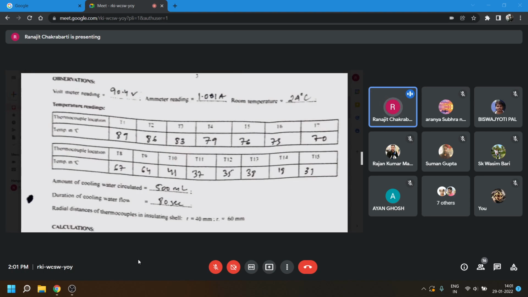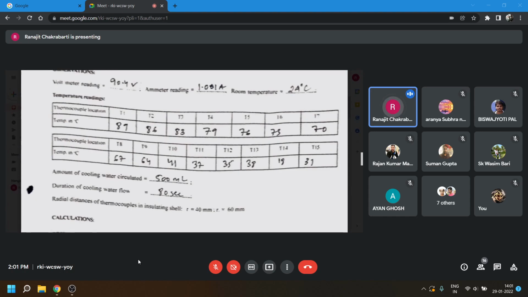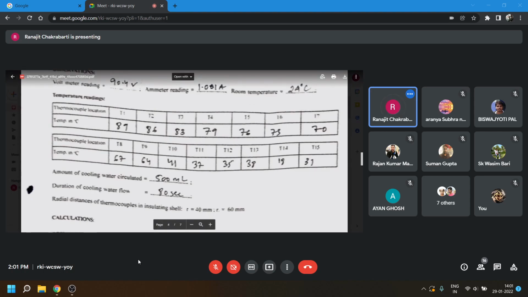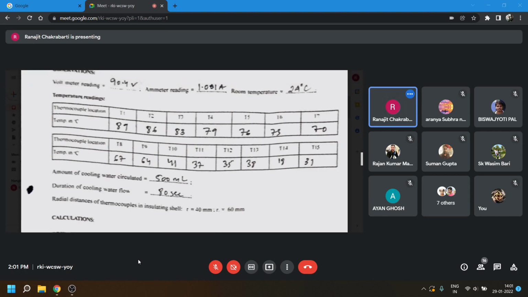And T10, T11 are temperatures within the insulating powder. T12, T13 are also temperatures in the insulating powder. And T14, T15 are the temperatures of the entering and leaving water. T15 is 30, this is 31, T14 is 19. So with this, how much water is flowing?